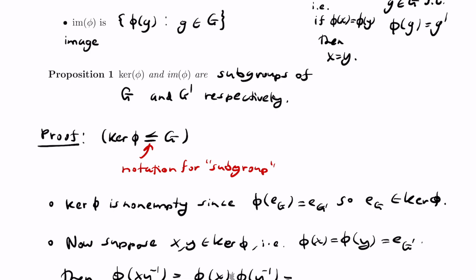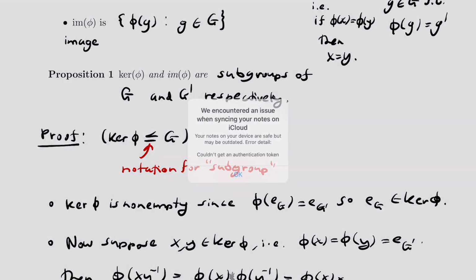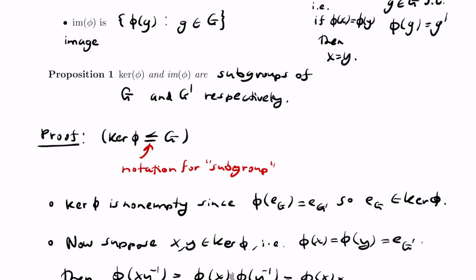And then we argued that this is phi of x times phi of y all inverse, because the inverse of phi of y is phi of y inverse, something we proved on the first page as well.